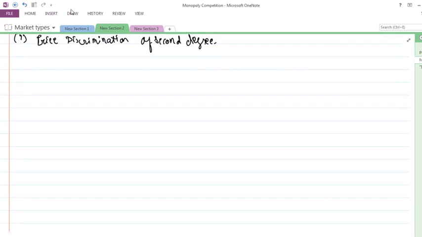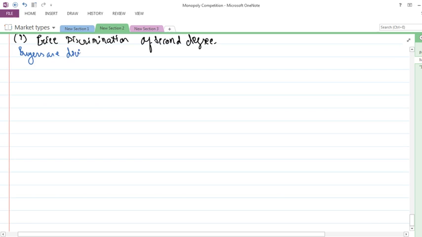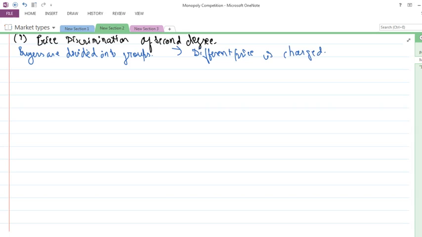For this purpose buyers are divided into groups, and from each of these groups a different price would be charged. A different price is charged from each of the groups. So here we can see this with the help of a figure, which I am now going to show to you.